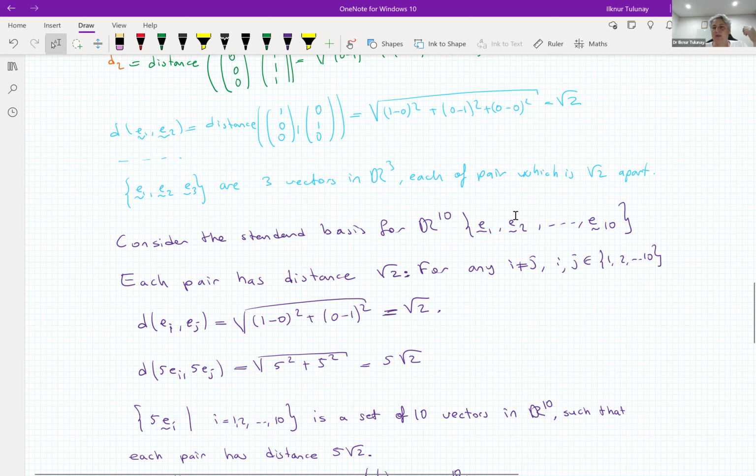With 10 dimensions, E1 has 1 in the first position, E2 has 1 in the second position, and 0 elsewhere, and so on. Then each pair has distance root 2, right? For any i, j from 1 to 10, if i is different from j, the distance between Ei and Ej is root 2, because only the ith position is 1 and only the jth position is 1. All the others are 0. So you have 1 squared plus 1 squared, square root, which is always root 2.